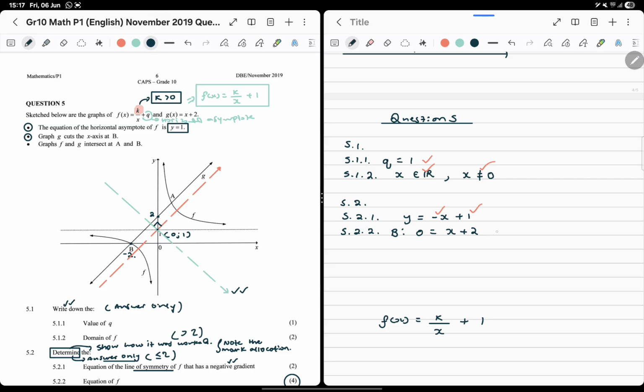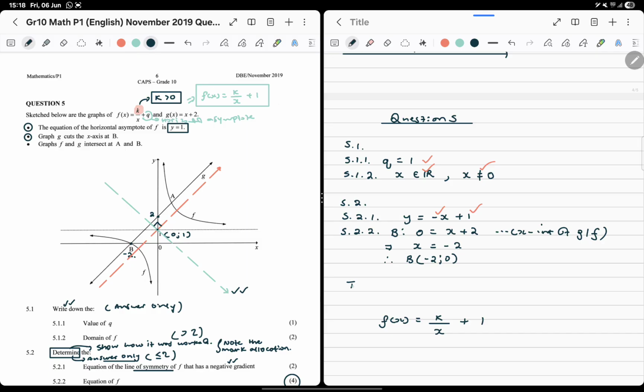Right? Why? This is the x-intercept of g and f. Okay, this implies that x is going to be -2. Therefore, b has these coordinates. This is key. We need to showcase it.